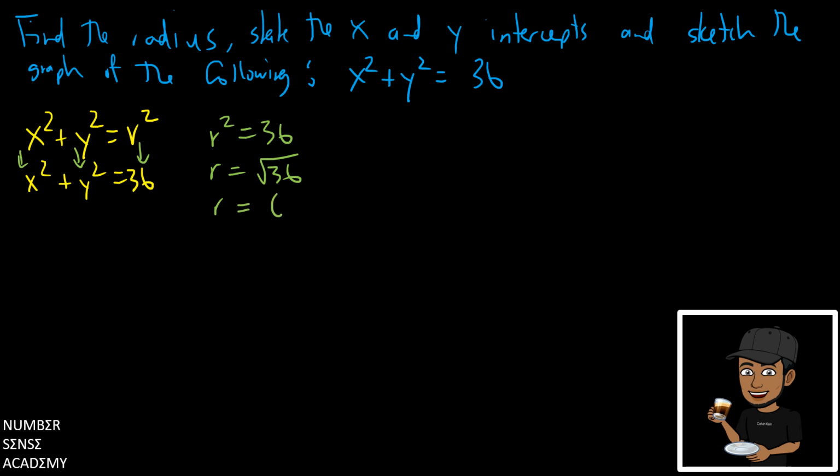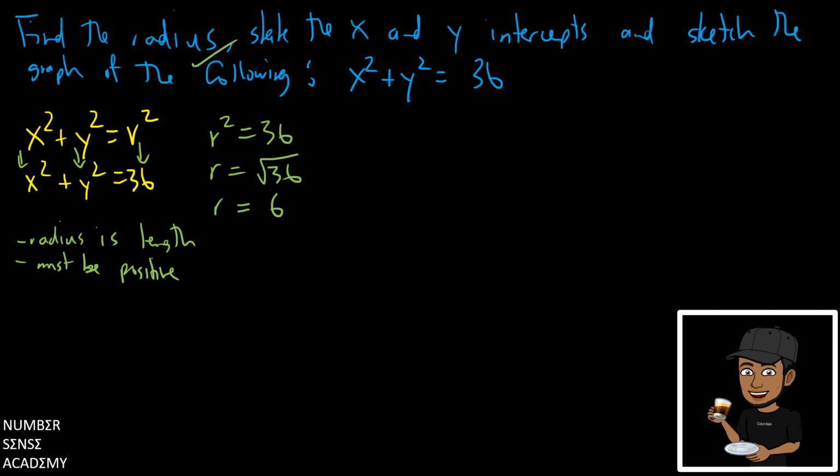R is equal to 6. Now, let's pause for a second. Very important. The radius is length. Okay? So length has to be positive. Must be positive. So I'm just going to keep a note of that, and then I'll explain why I even mentioned this. So we found a radius.